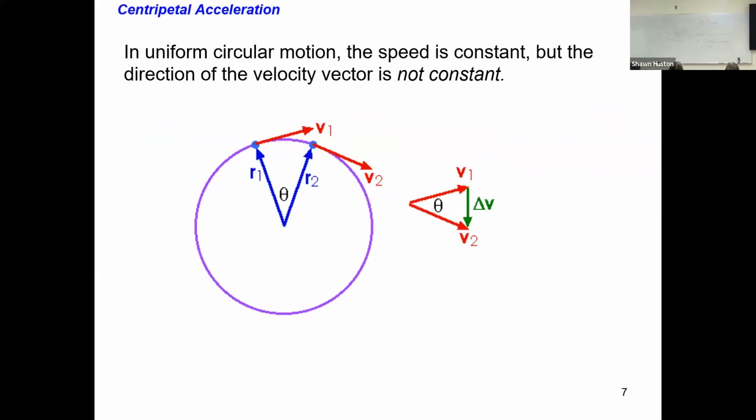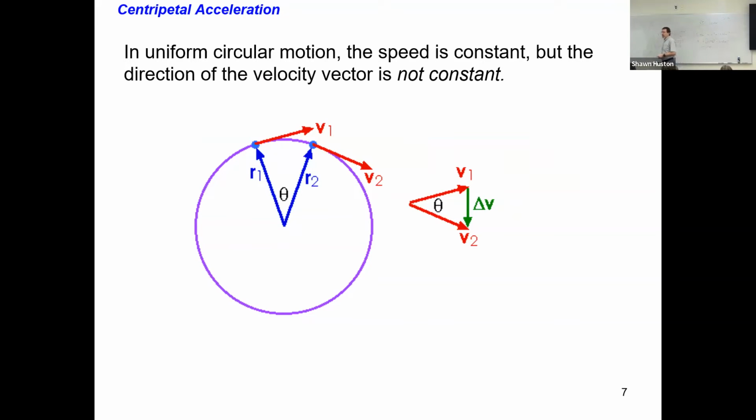All right, so speed's constant in uniform circular motion. We've talked about that. And so we might think, and I would certainly understand thinking that, well, if the speed is constant, that means we don't have any acceleration at all. But that's not true. So the speed is constant in uniform circular motion, but the velocity is not.